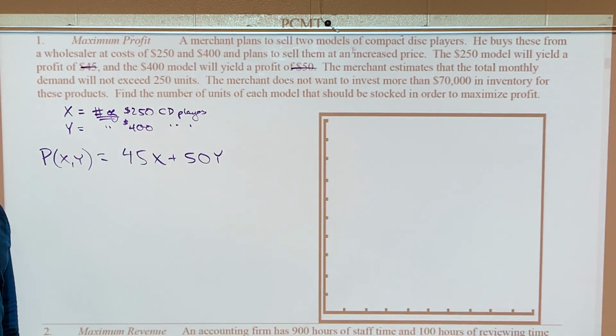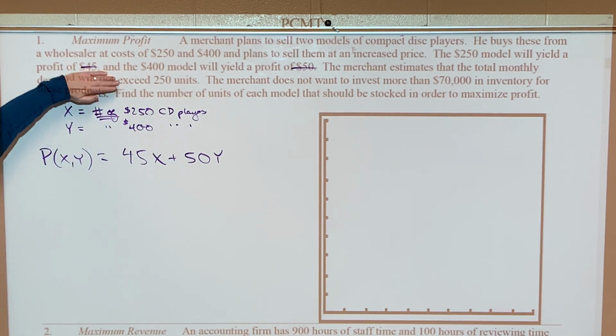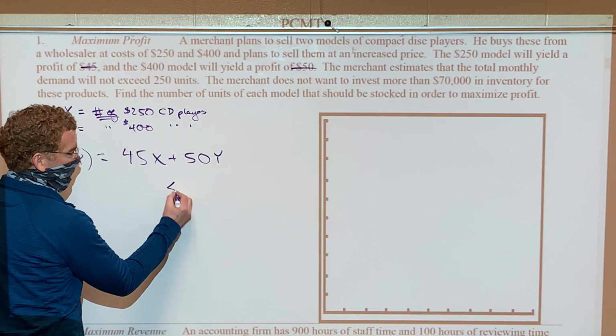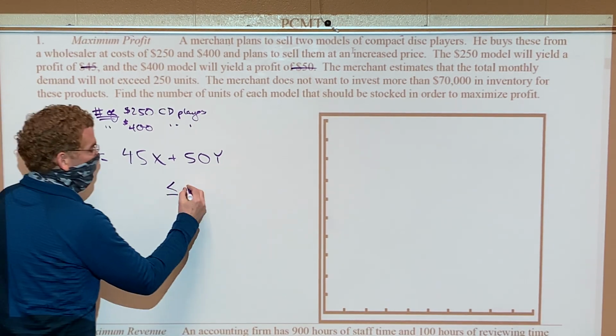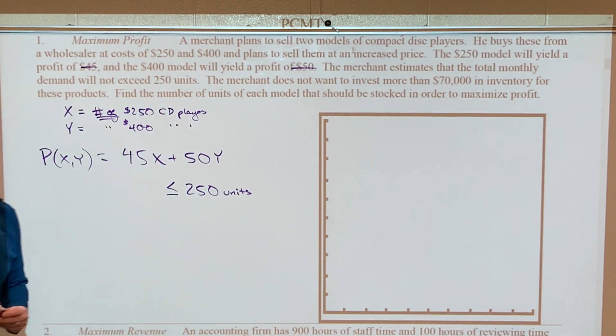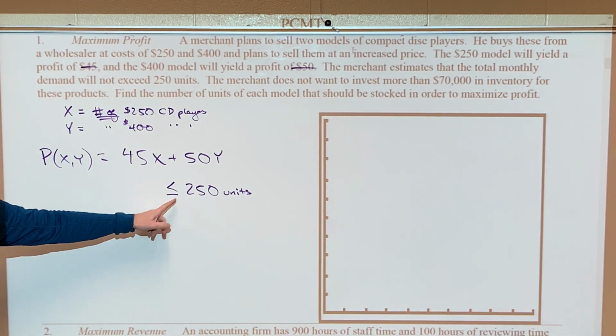Will not exceed 250 means what? Less than or equal to, right? Because it could be equal to without exceeding 250, and then I put units, and then Sam said X plus Y is less than or equal to 250.